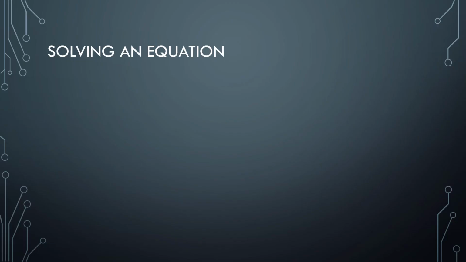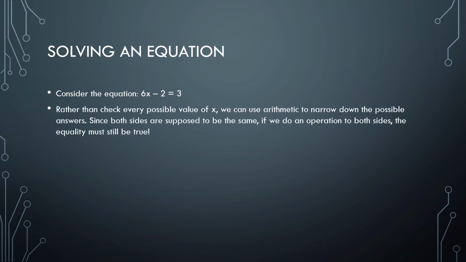So rather than just verifying a solution, what if we instead try to immediately get all of the answers as best we can? So we can consider the equation 6x minus 2 equals 3. Now, we can't just check every value of x, because that would literally take forever, because there's an infinite number of numbers. But we actually know something.